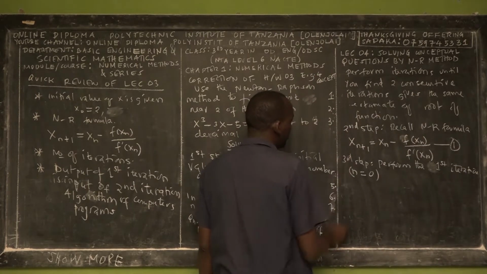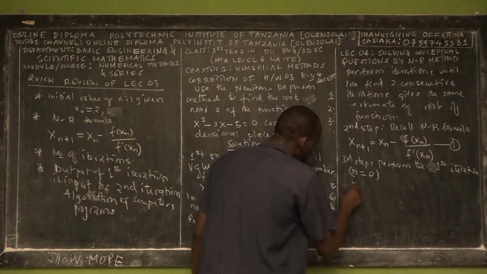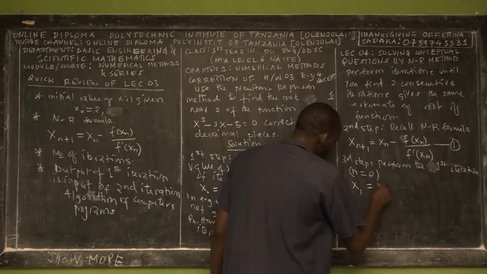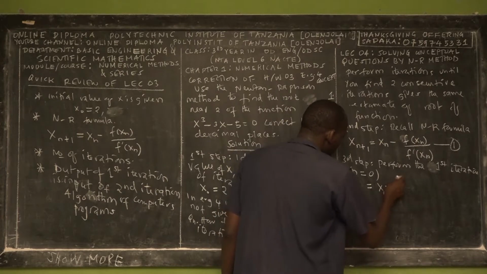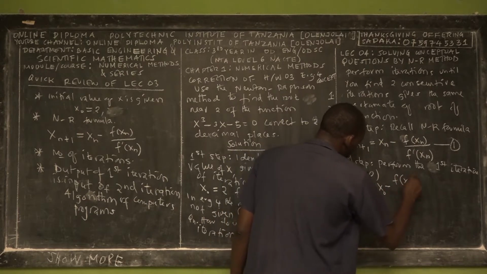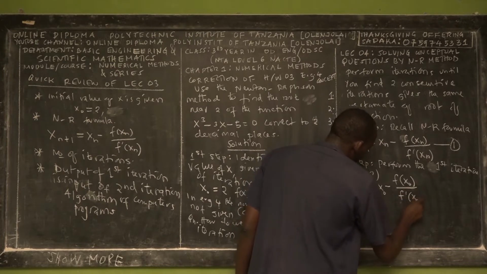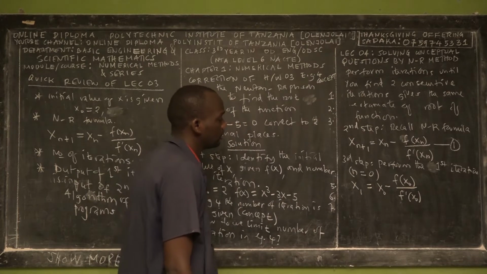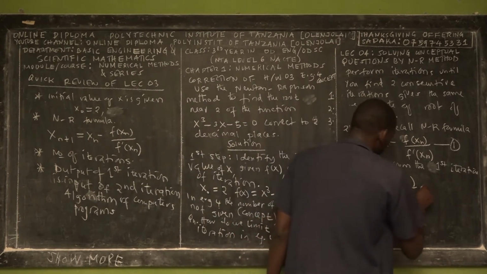If you substitute n is equal to 0 in equation 1, we get x1 is equal to x0 minus f of x0 divided by f dash of x0. So here we have a second equation.